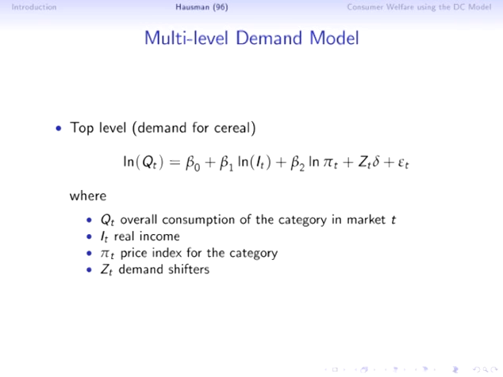So if you have a brand like Cheerios, which is in what he calls the all-family segment, and then there's another segment, kids, let's say Fruit Loops, and you want to see the substitution between them, you have to work through the fact that as I change the price of Cheerios, there's going to be a little bit less demand for that whole segment, more demand for the kids segment, which would then change the demand for Fruit Loops. So you're going to have to work through that loop, and you can work through all those details.